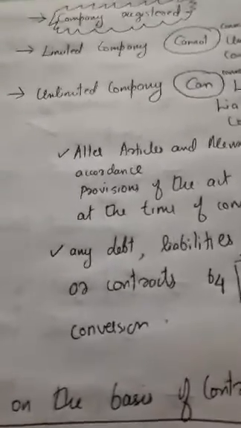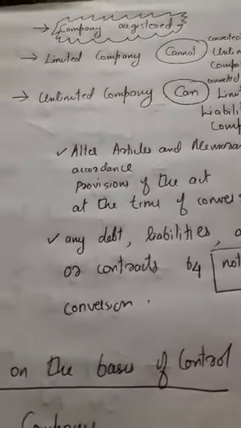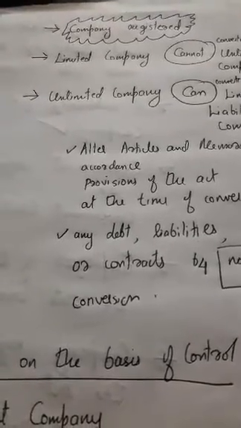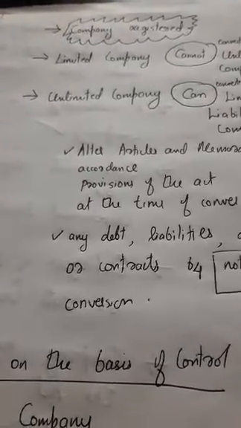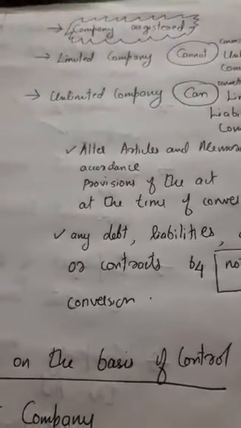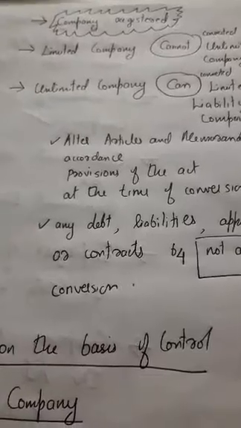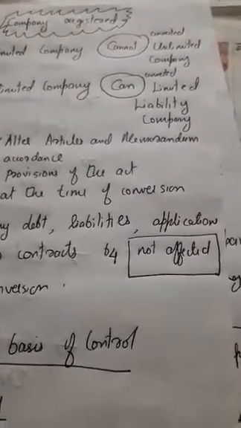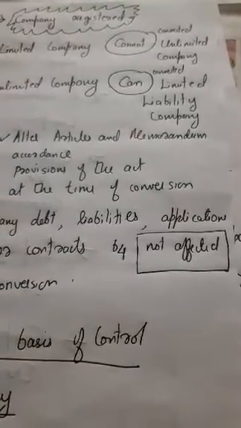Okay. A company may be registered as a limited company or an unlimited company. A company which is registered as a limited company cannot be converted to an unlimited company. That's a point to be noted.